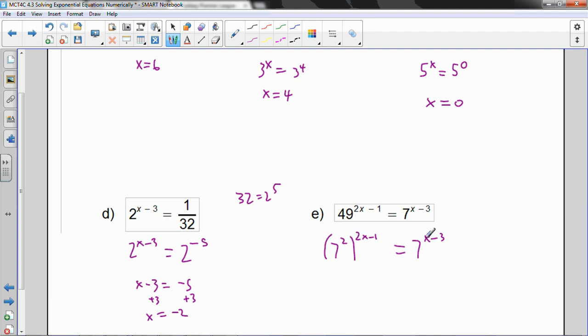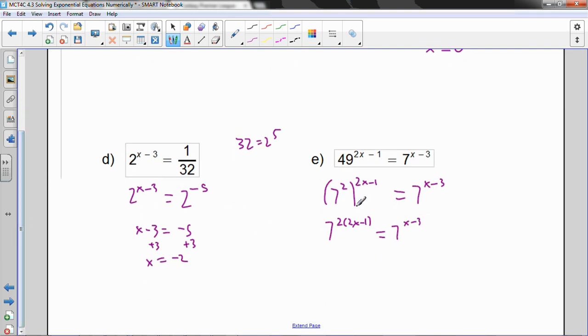Well, what happens here? Well, what's the operation when I have exponents on exponents? It's multiply. So I could think of it like this. A lot of you at this point would skip to at least this next step. Now that I got two powers with the same base, I can equate the exponents. The exponents are the same. A lot of you will skip from this step to this step, or maybe even this next step where I multiply through grade 9 style.